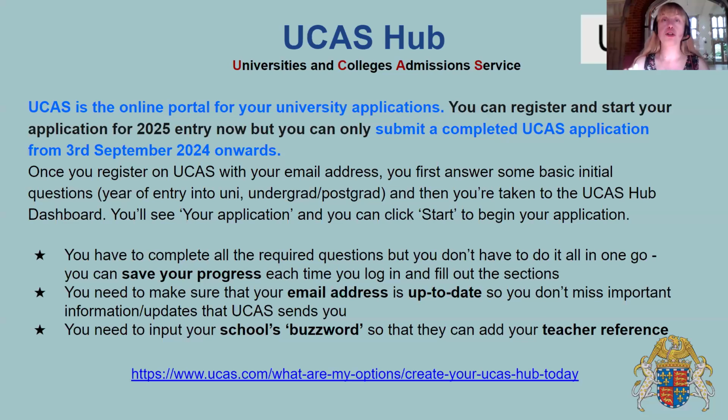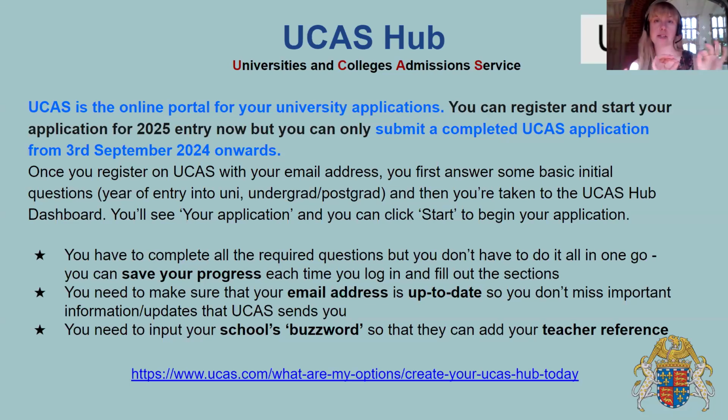Really important, you need to make sure that your email address is up to date and that you have regular access to it, because you don't want to miss any important information or updates about your application from UCAS. And you need to input your school's buzzword or passcode so that they can then add your teacher's reference.